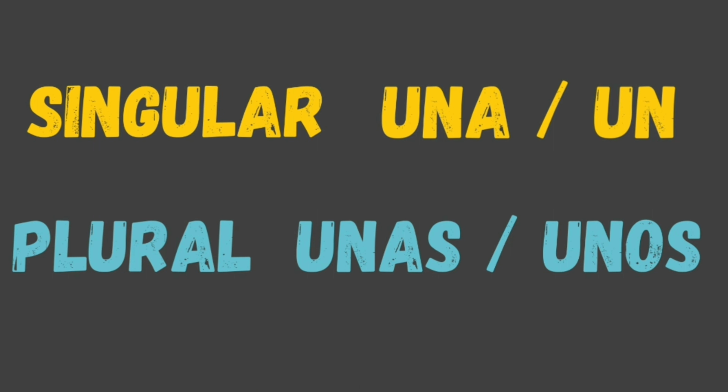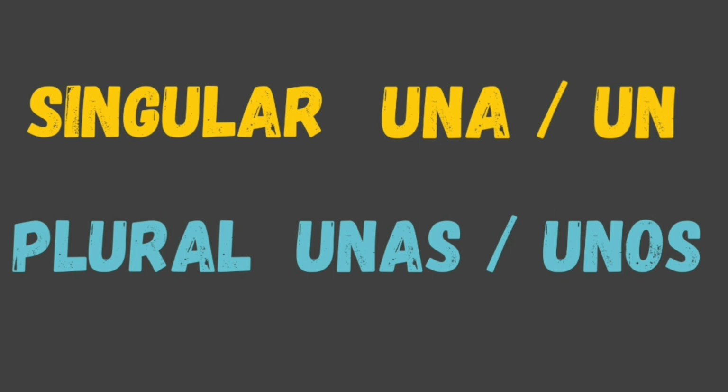For example, some girls, okay? The meaning of unas, unos in English is some, okay? So if we want to say some girls, then we have to say in Spanish, unas chicas.